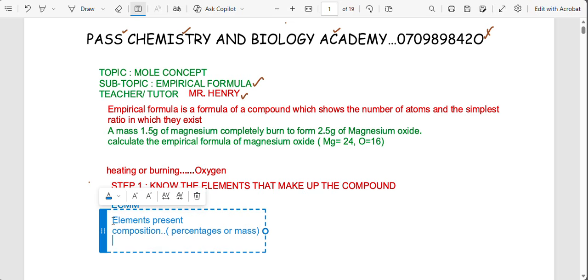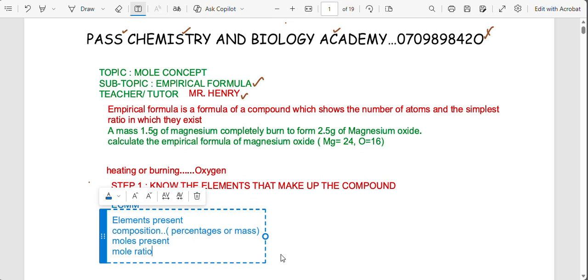Then from ECMM, elements present, composition, we have what we call moles present. We are going to handle this very well step by step.